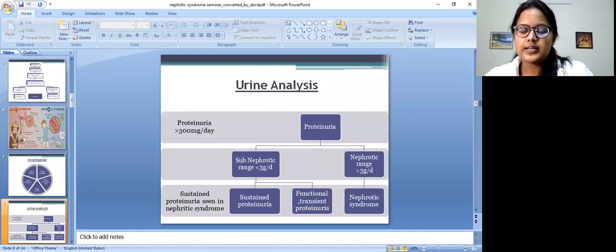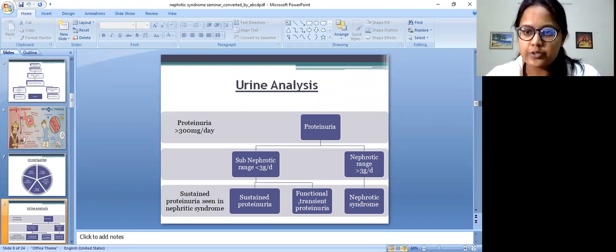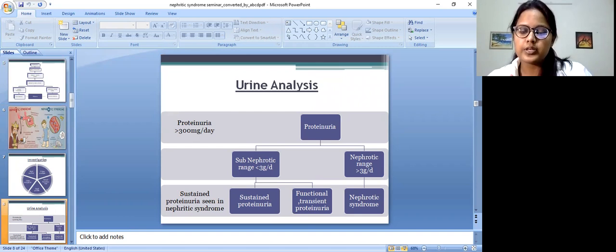First is the urine analysis. The very first thing to document in a case of glomerulonephritis is proteinuria. Whenever urine shows protein, it means glomerular injury is there, whether nephritic, nephrotic, or whatever the underlying cause.